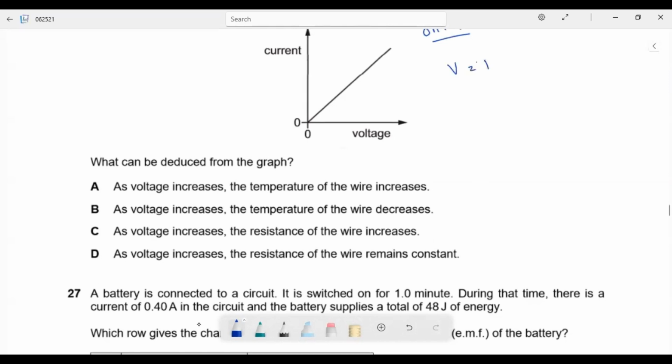V is equal to IR. That means V is directly proportional to current. As V increases, current also will increase and R remains constant. So here the right answer is as voltage increases, the resistance of the wire remains constant.